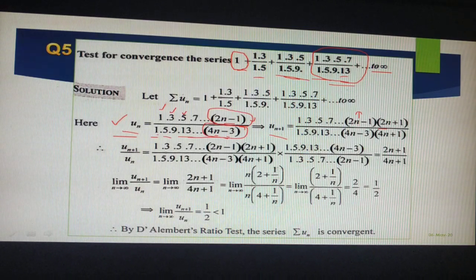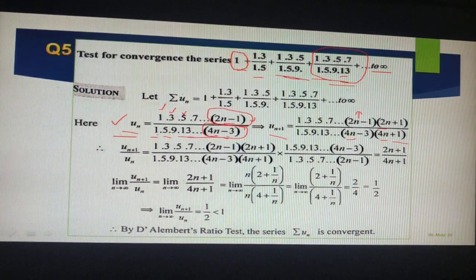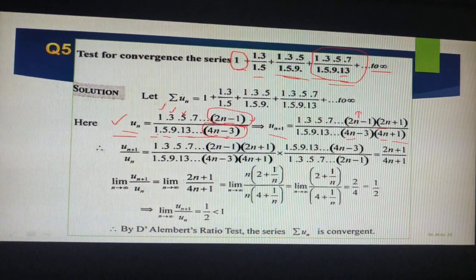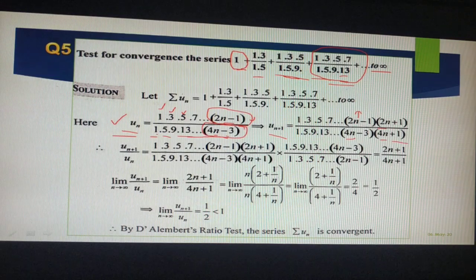So 2 bracket n plus 1, that is 2n plus 2 minus 1, that means 2n plus 1. Similarly here also, in place of n I am substituting n plus 1, so that becomes 4n plus 4 minus 3, that is 4n plus 1. Okay, be careful while taking this next term un plus 1. We already have the nth term, and the next term will be n plus 1, right?